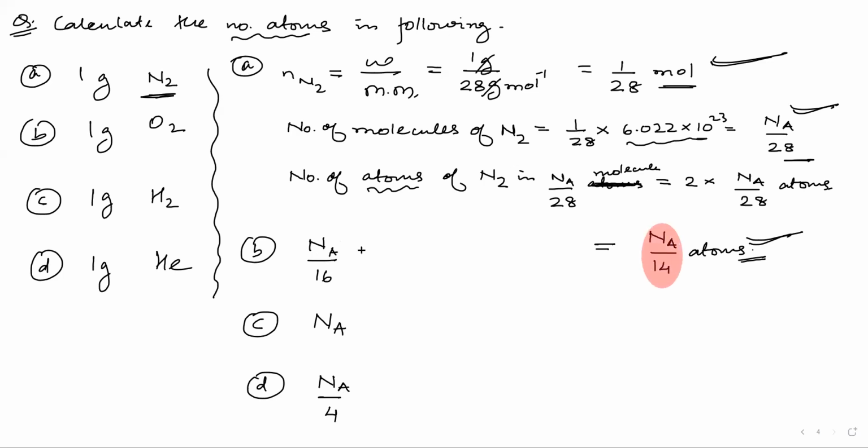We have NA by 14, NA by 16, NA, and NA by 4. Now, please answer in chat, which of the following is the largest? A, B, C, or D? Which of the following is the largest?